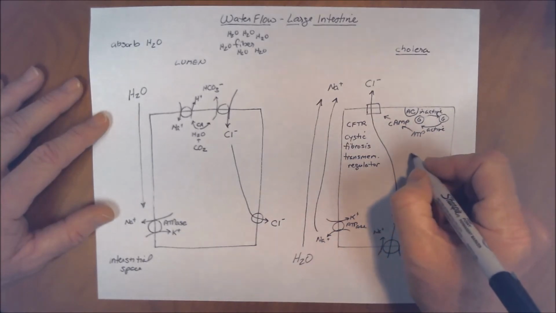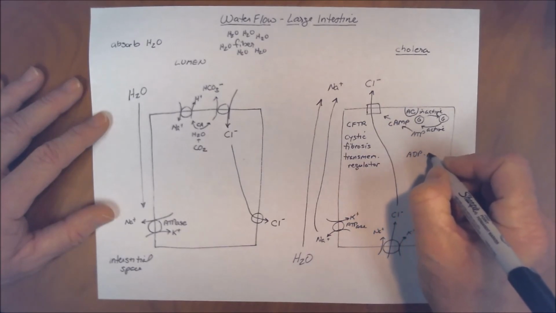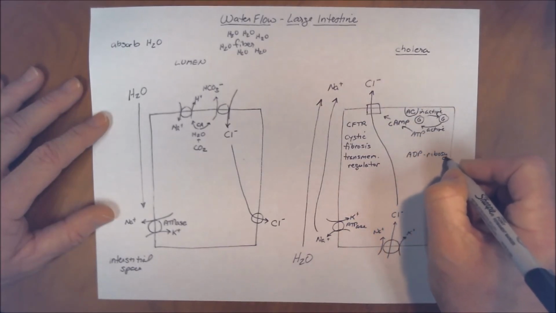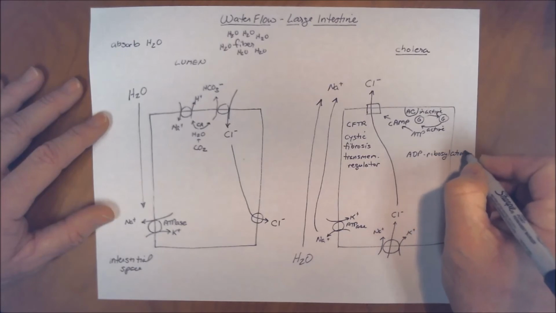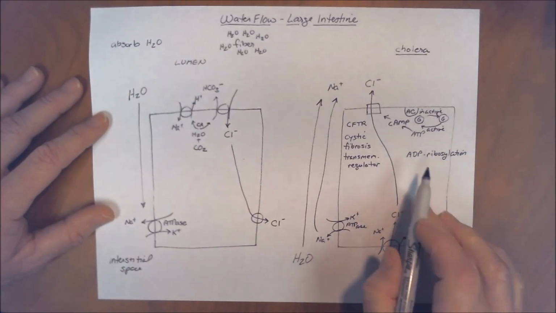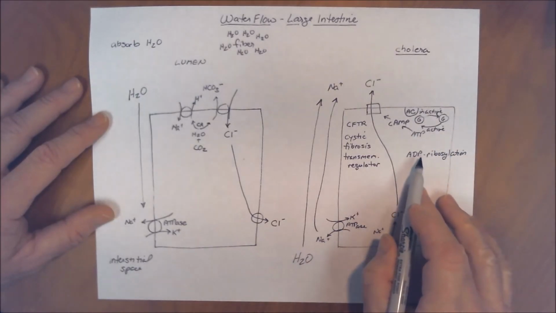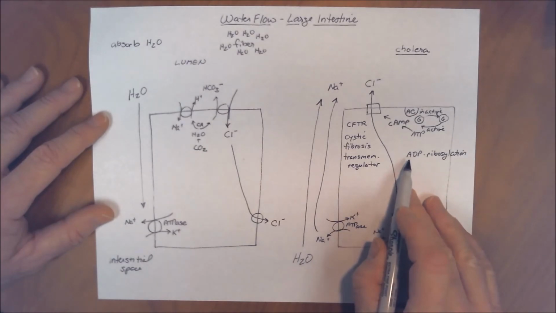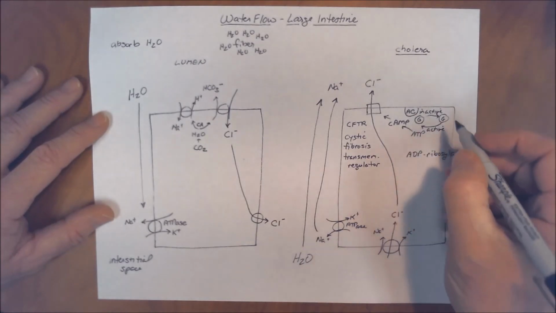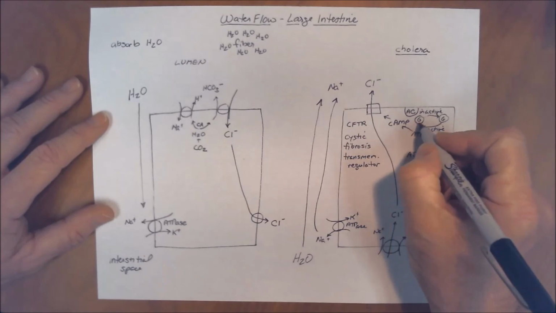In cholera, we have what's called ADP ribosylation. And this is essentially taking the ribose structure with the adenine nucleotide and covalently modifying this G protein in the active state.